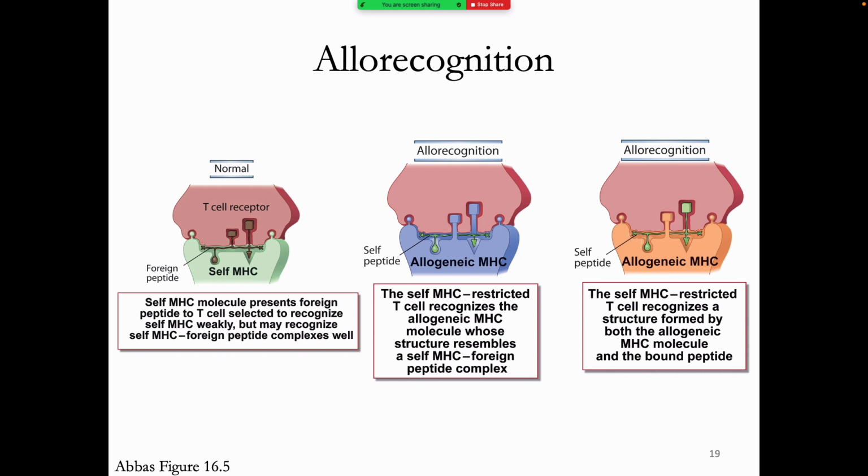You could also have a situation where that MHC has the knobby things and has one of the squares, and it matches this T cell when it happens to have a peptide with the other square. So sometimes it's the combination of the MHC plus peptide that can give you a reaction. The idea here is that if two MHC types are similar-ish, the T cell can recognize it and think there's a foreign peptide.